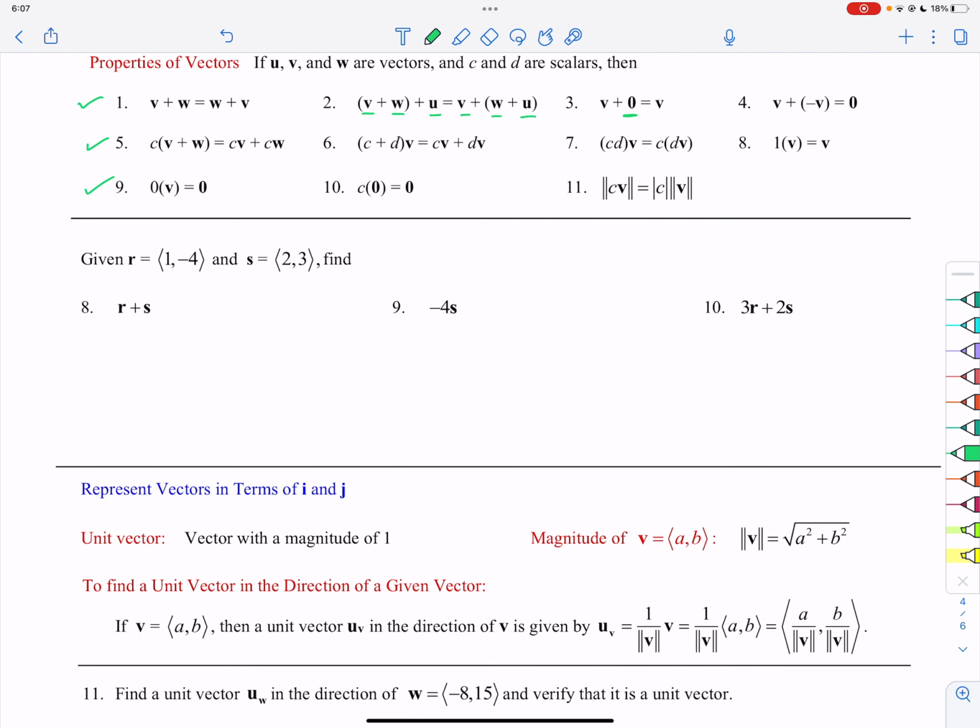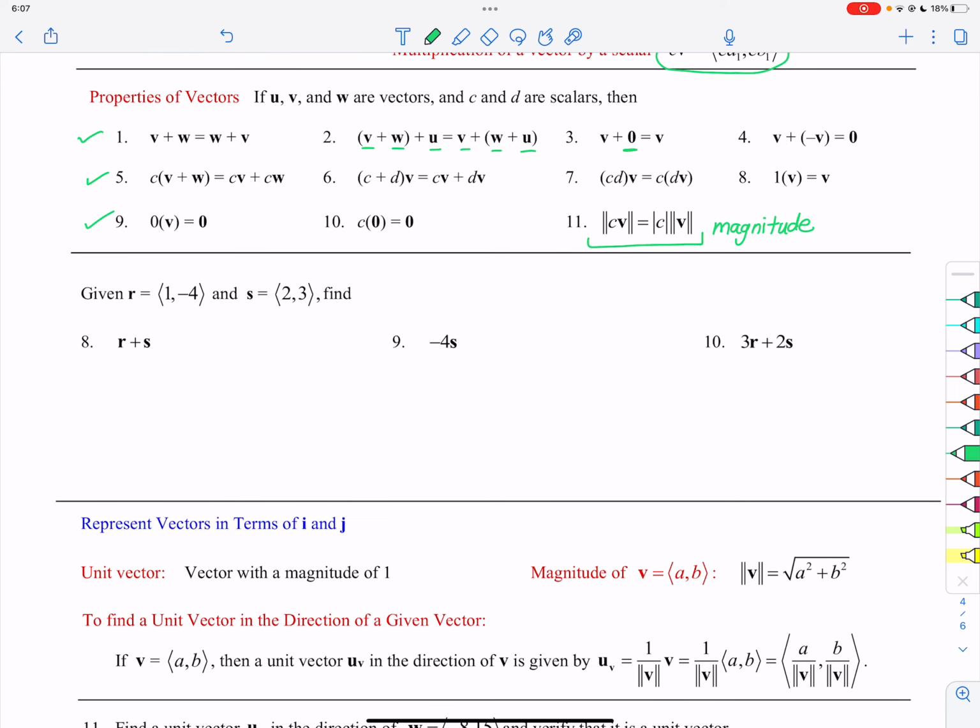And you can look at these. You can also see that the magnitude of a constant times a vector is the same as the absolute value of that constant times the magnitude. And you can go ahead and take a look at all of these.